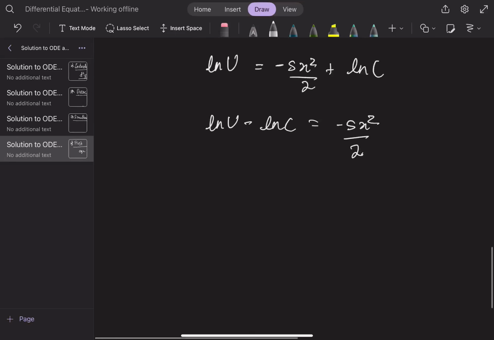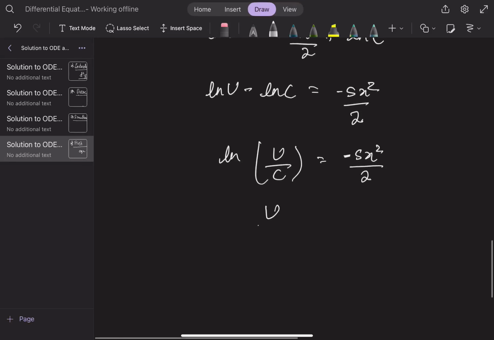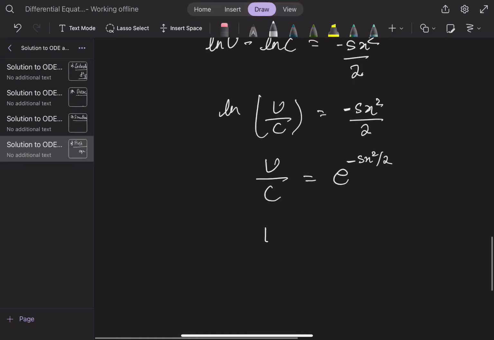You can write this as ln of U divided by c is equal to minus sx square by 2. So U by c becomes e raised to minus sx square by 2. So U becomes c e raised to minus sx square by 2.